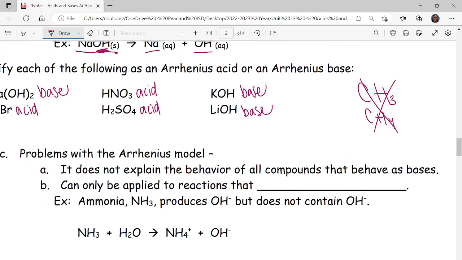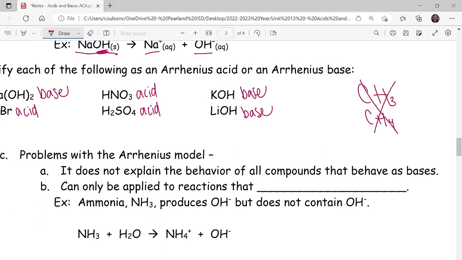All right, then underneath this we have problems with the Arrhenius model. It does not explain the behavior of all compounds that behave as bases. It can only be applied to reactions that do contain hydroxide.